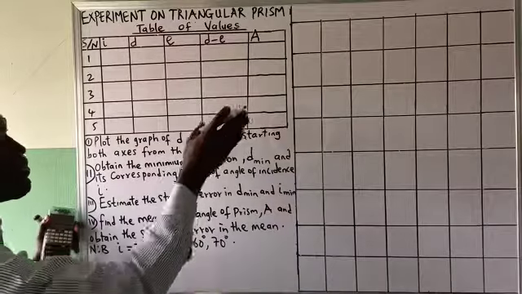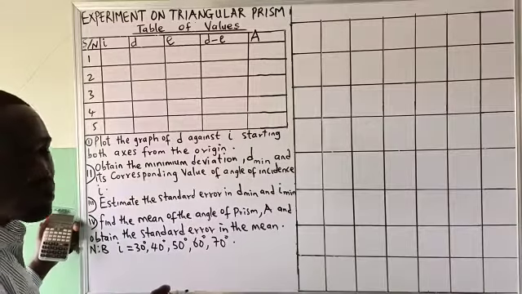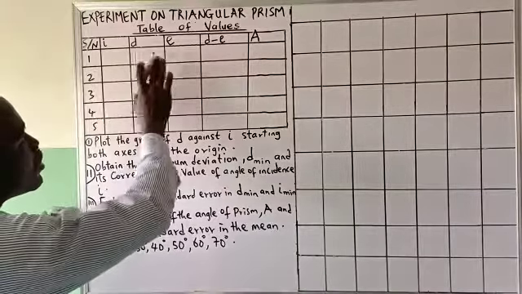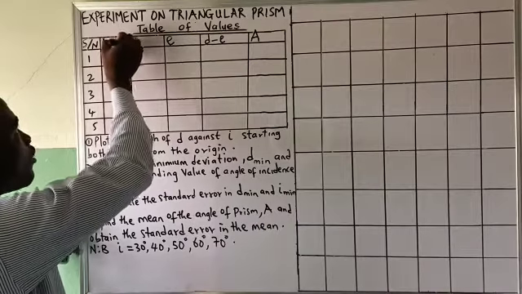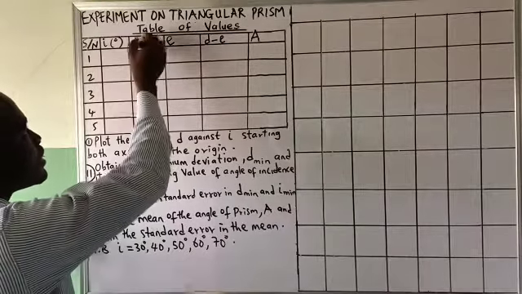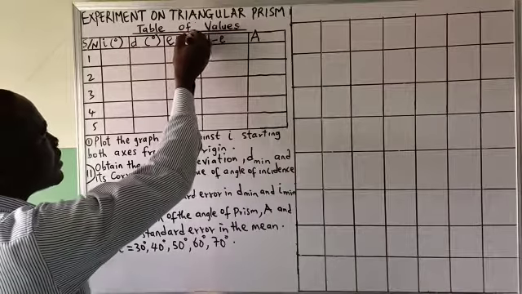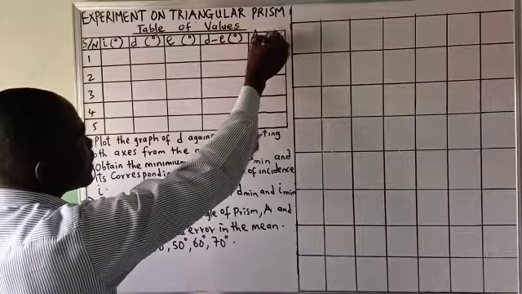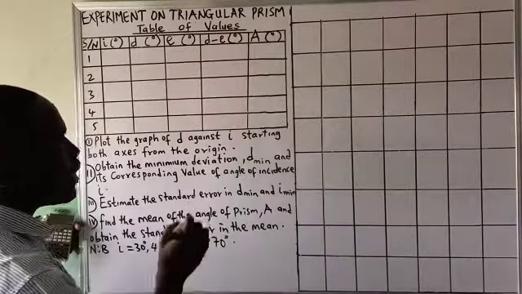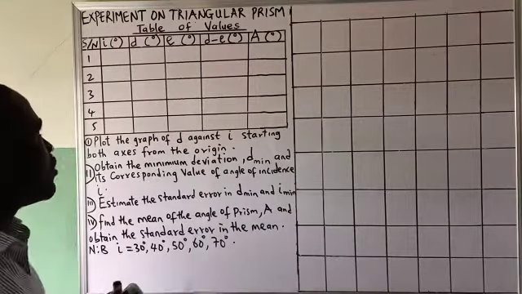In the triangular prism experiment, they will give you the value of your incident angle. While putting it in your table, please don't forget to put the unit of those parameters. If you do not put the units of the parameters, some marks will be subtracted. So I've put the units now.